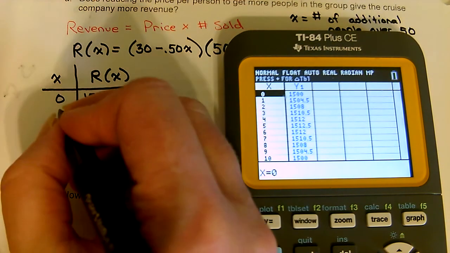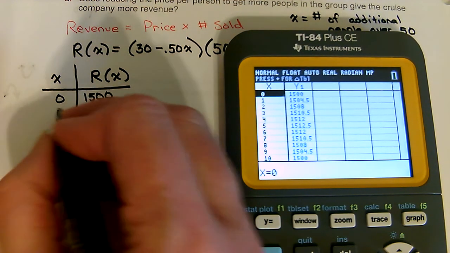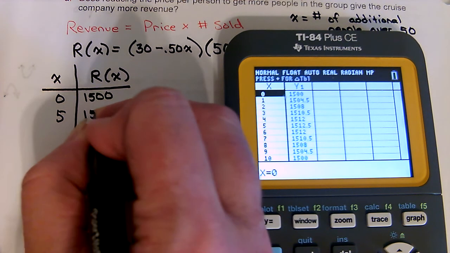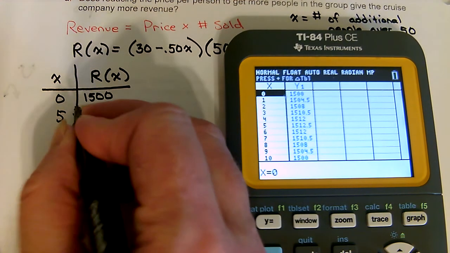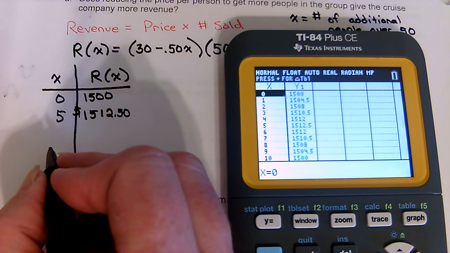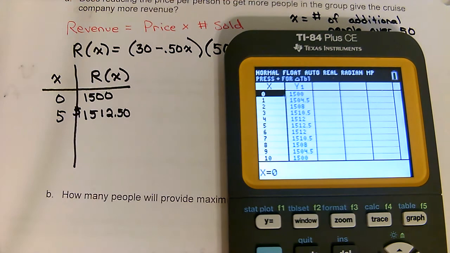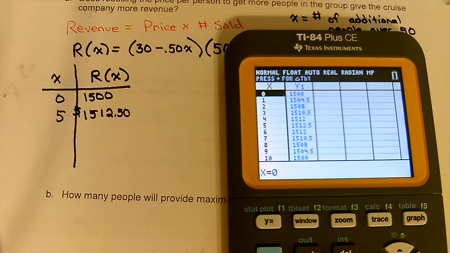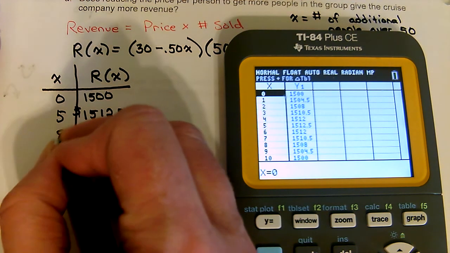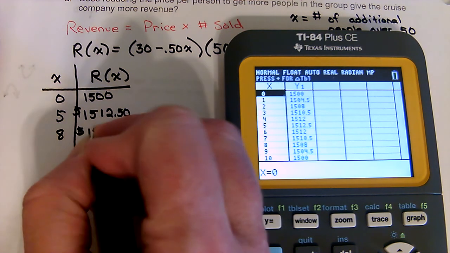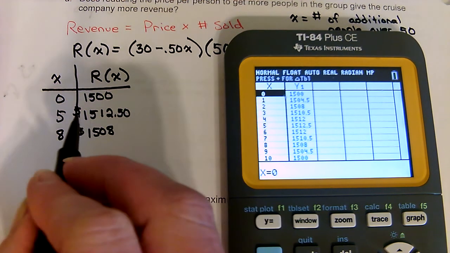So if we don't change the price at all, 50 people at $30 a price, it's 1,500. Now, if we go up to 5 additional people, we are at $1,512.50. And if we have 8 additional people, it's at 1,508.